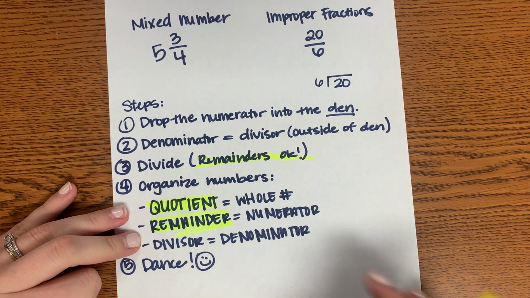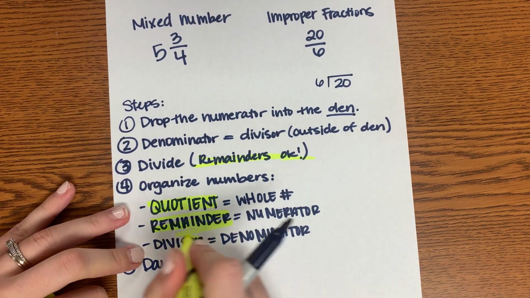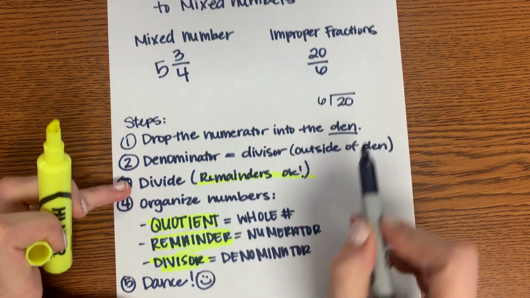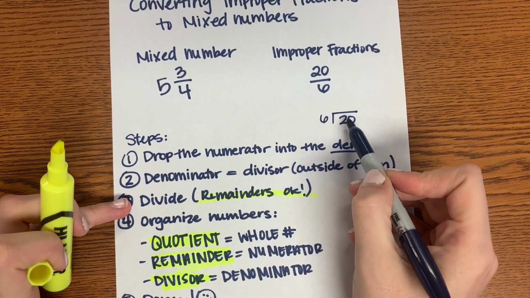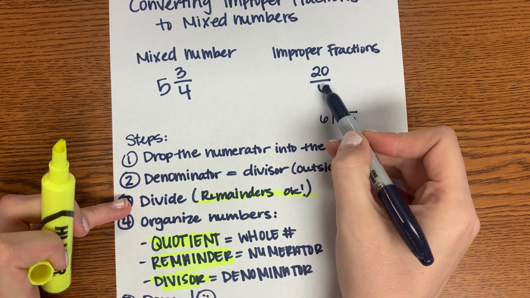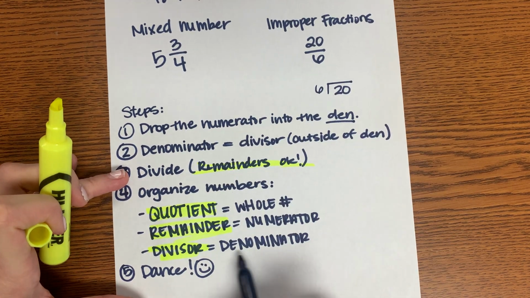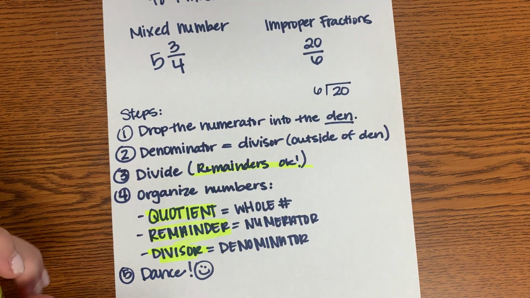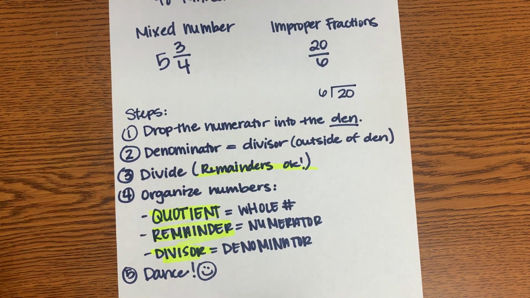That's going to be our new numerator. And our divisor, our original denominator, is going to still be the same denominator. Then lastly, most important, dance, because we are done with that math problem.